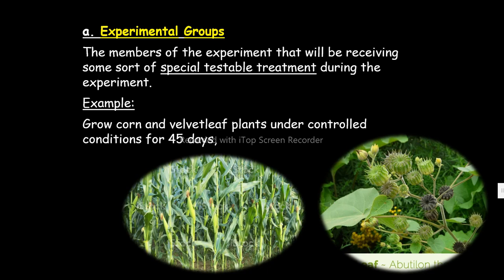So you keep these groups. For instance, in this experiment you can grow them separately, and then after, you grow them together, and you keep varying the carbon dioxide concentration. So that's what will make an experimental group.